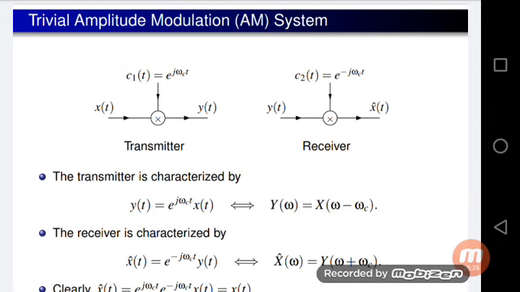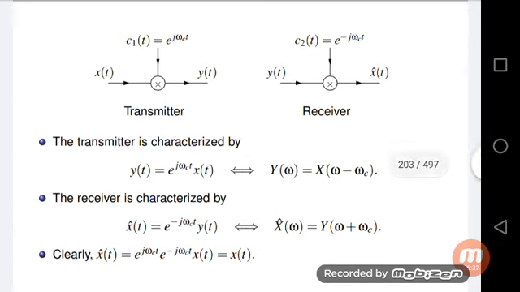Here we are seeing the transmitter and receiver characterized, and clearly mentioning several equations. V of t equal to e to the j omega c t times x of t, where y of omega equals x of omega minus omega c.